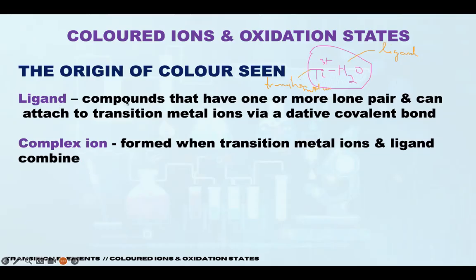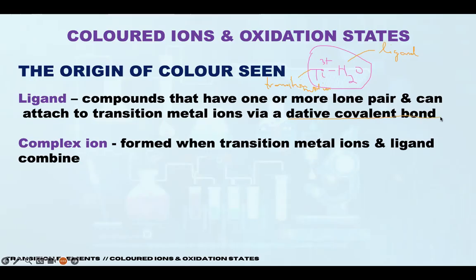Ligands in general are compounds that have one or more lone pairs, and they can attach because they have that lone pair to give, right? So that lone pair is going to be given to the transition metal ion. So they'll end up becoming attached to each other via what we call a dative covalent bond, right?